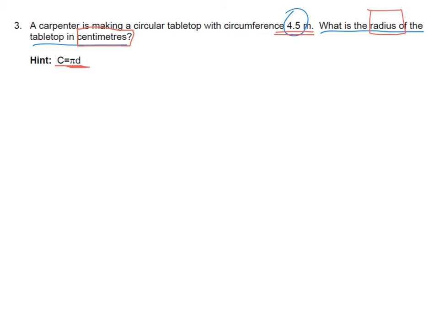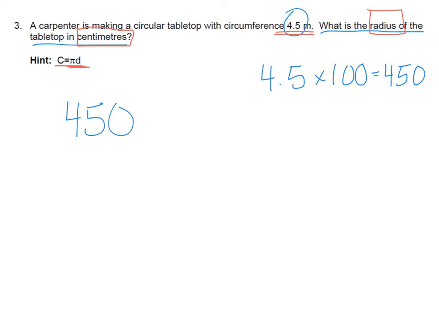If you convert 4.5 meters into centimeters, you will see 4.5 times 100, because there are 100 centimeters in a meter, and you will get 450 centimeters. So we're going to work with the 450 centimeters to represent the circumference.